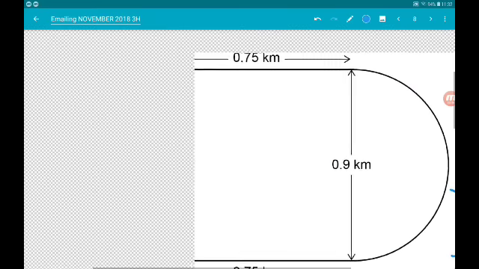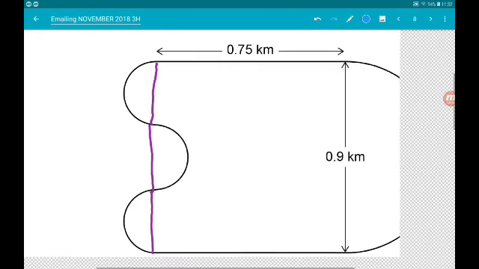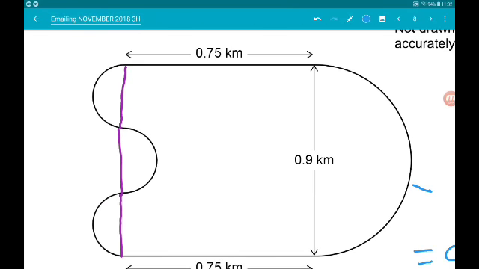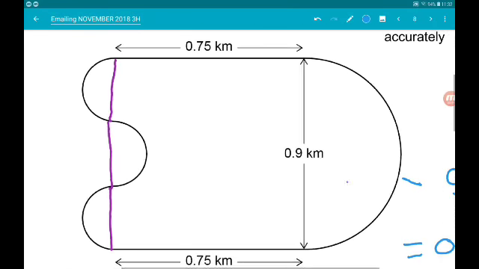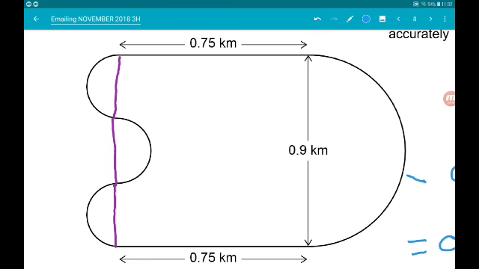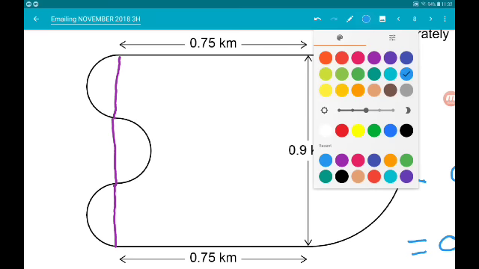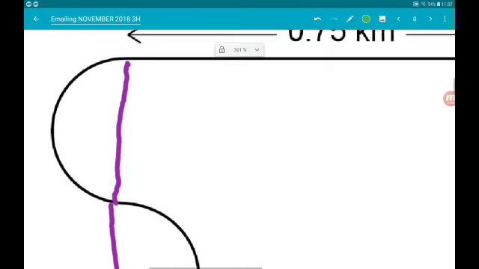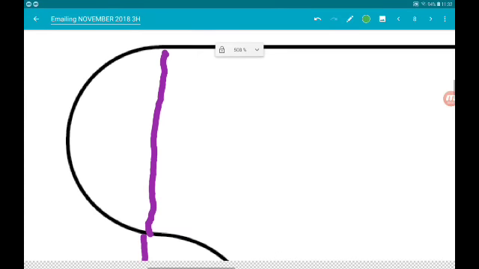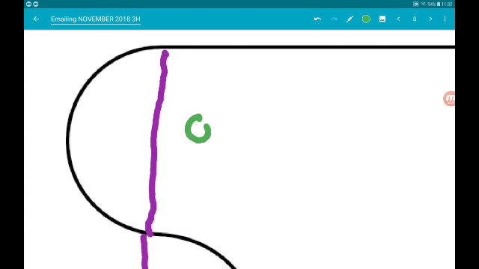Now for the 3 smaller ones, we know that they are equal, and we know that in total their diameters have to add up to 0.9. So that means the diameter of each one is 0.3 kilometers.